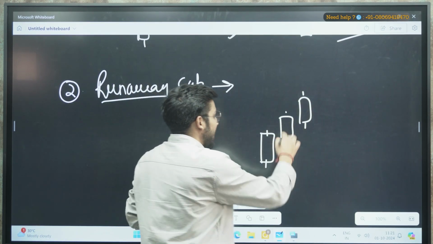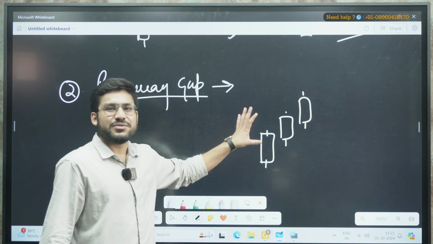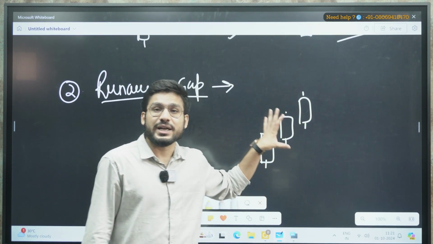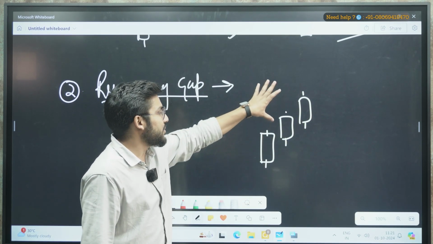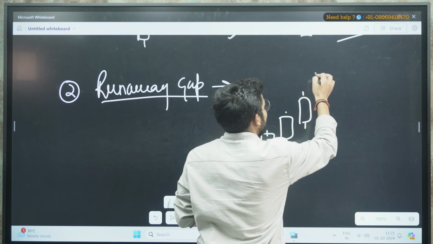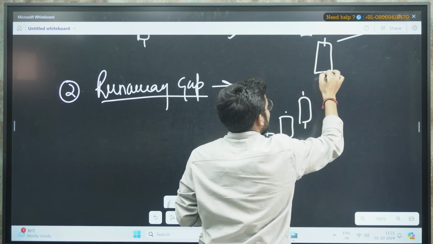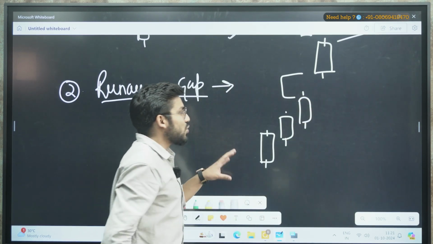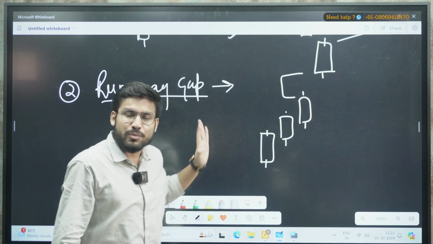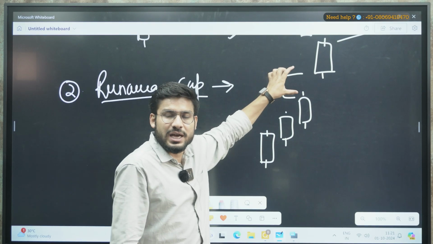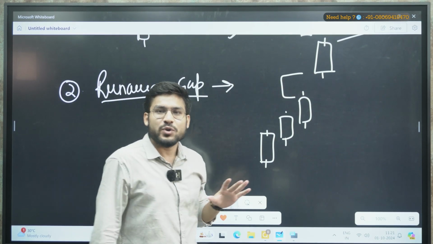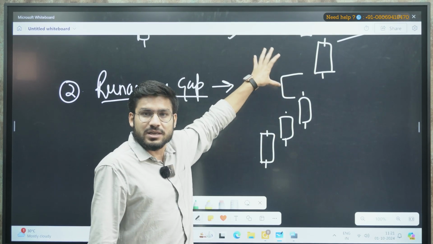Now your market is in continuation and suppose it is a 15-minute or 5-minute candle and you are trading in intraday. But now after some time there is a candle that jumped high, like this, and now there is a gap. So it is called the runaway gap when your market is running and suddenly there is a gap in the market. So this is the runaway gap.